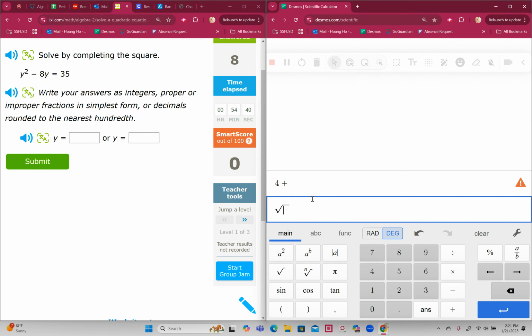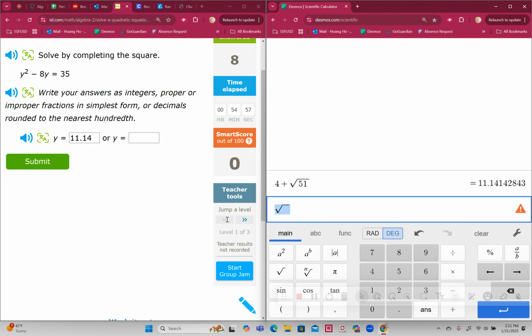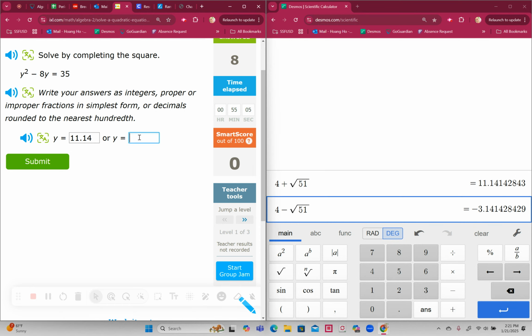So the answer is 11.14, two decimals. And the second one, I can do really fast. I copy this, I paste it, and I change to subtract. Okay, so negative 3.14.